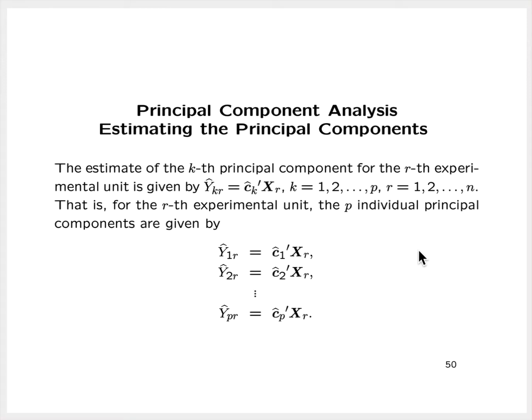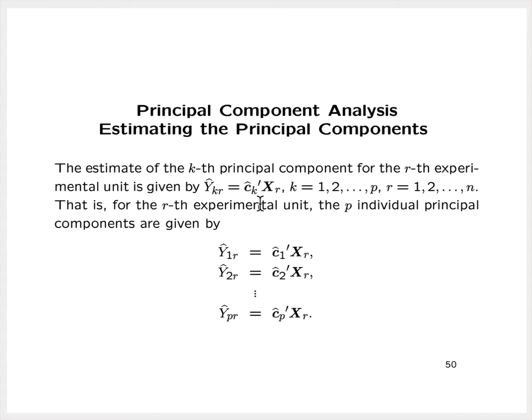So the estimate of the kth principal component for the rth experimental unit is calculated according to what we've been talking about. We apply these coefficients, we construct a linear combination of the original variables based on the coefficients contained in the appropriate characteristic vector. And we're going to do this for each experimental unit.